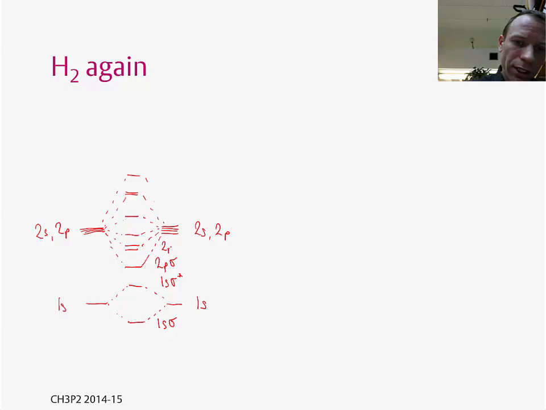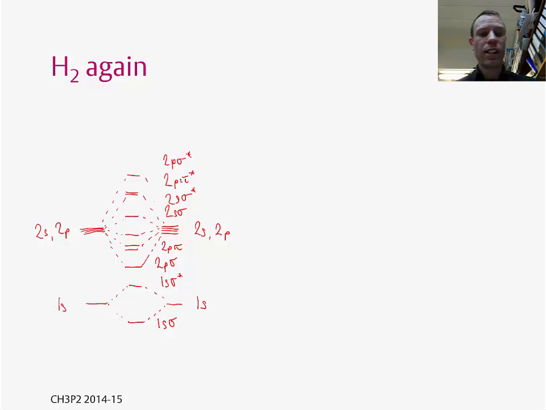These next two are the 2p pi orbitals, and then these two in the middle here are the 2s sigma orbitals. So 2s sigma star for those two. Then the next ones up are the 2p pi star, and this last one at the top is a 2p sigma star.